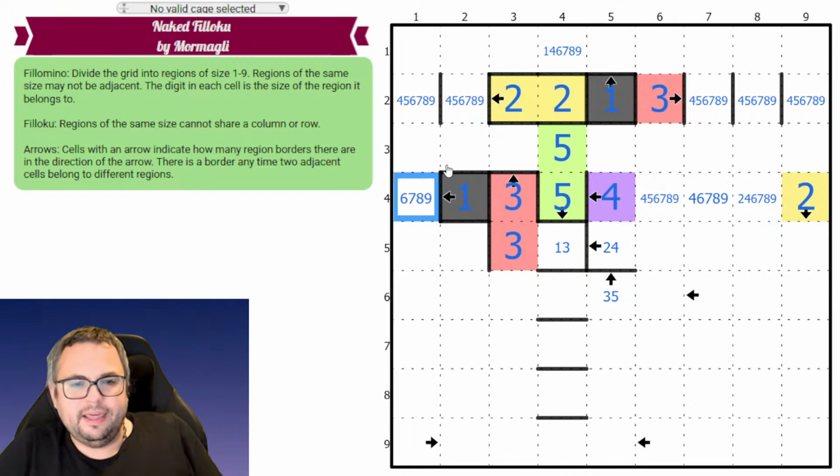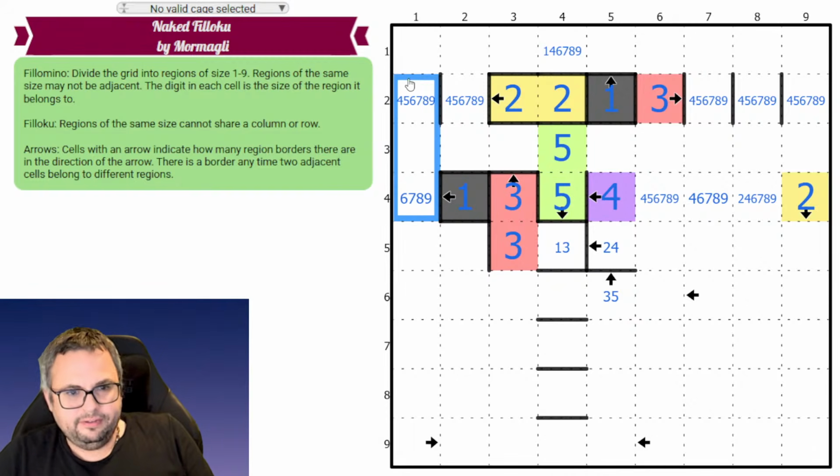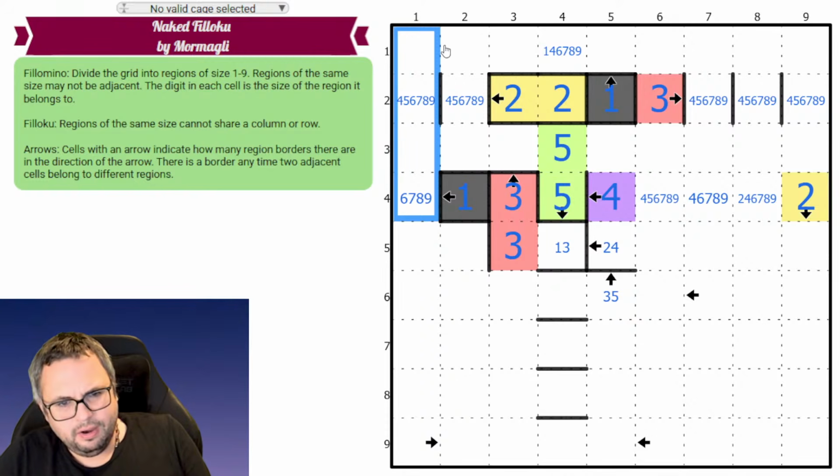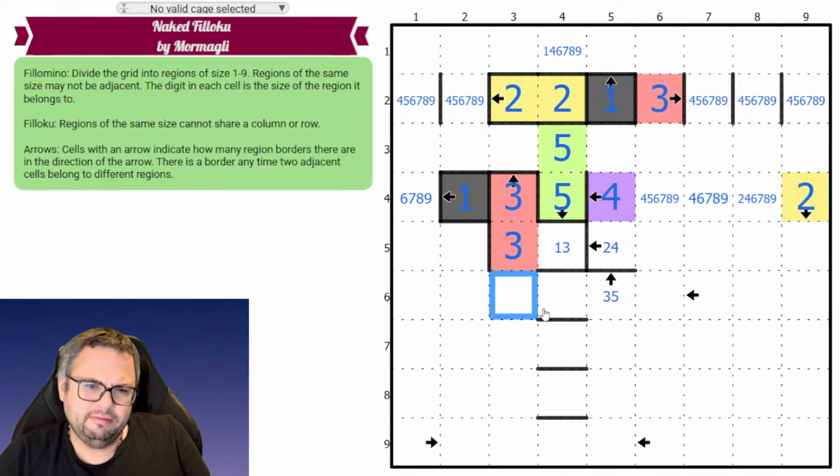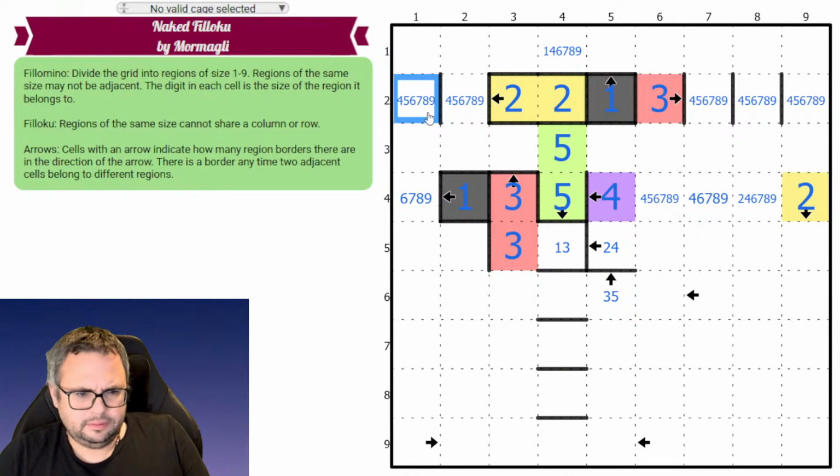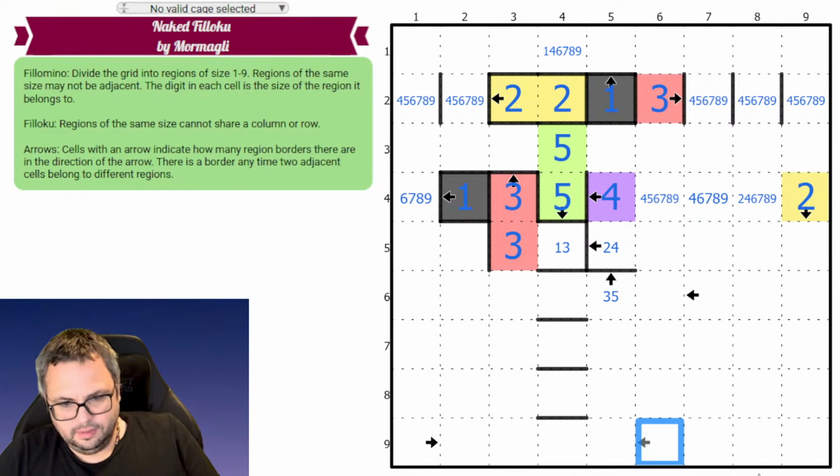I do see that this number can't grow. Oh, maybe it can actually grow all the way up there. Never mind. This number can't be 4.